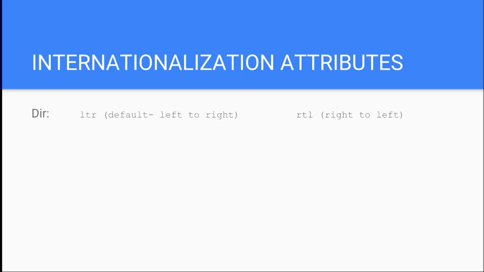It's dir. This attribute tells us how to align the text. Basically, the default form of aligning the text is from left to right, but we can put the text from right to left also, because in the languages Hebrew and Arabic, they write from the right side to the left side.